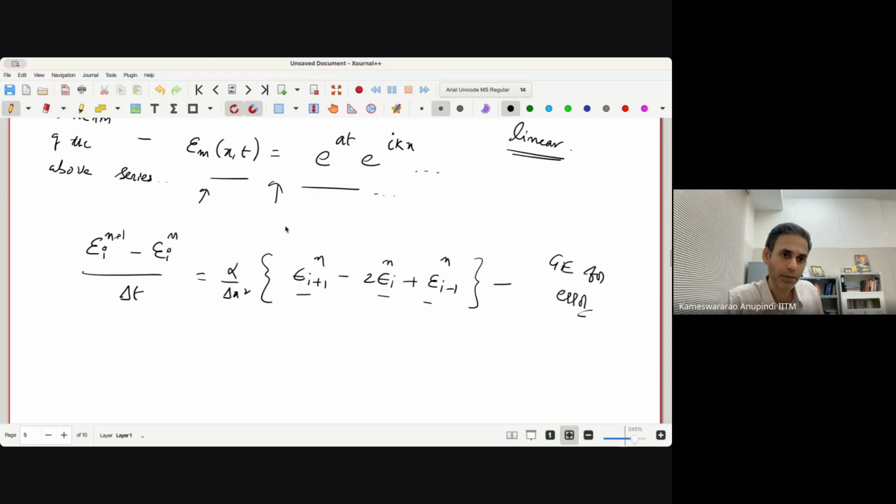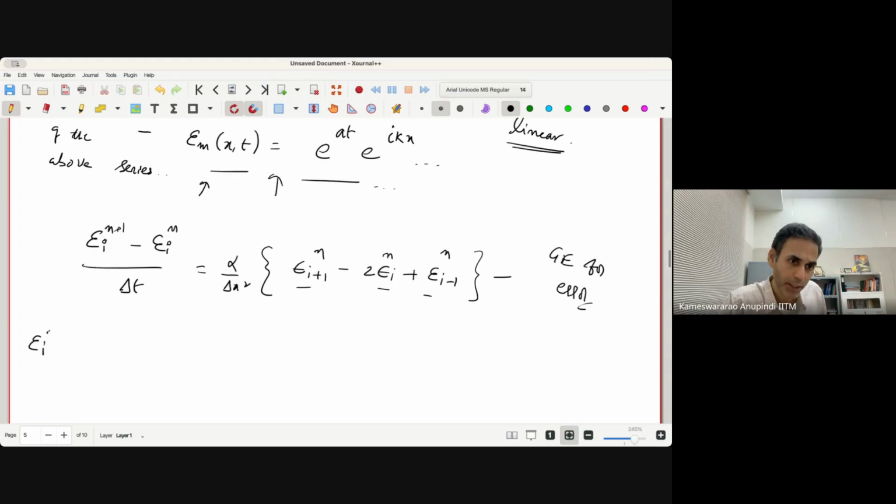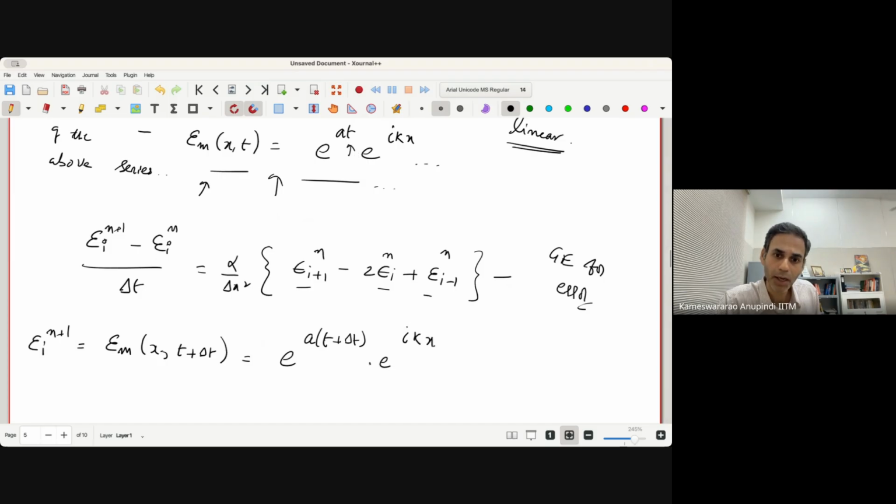If I want to calculate epsilon_i^(n+1), this is nothing but epsilon_m at x, just x, because it's at grid point i, and the time is t plus delta t. So that is going to be e^(a(t+delta t)), substituting t plus delta t for t in this equation, times e^(ikx). This is at location x. Similarly, let me calculate epsilon_i^n.